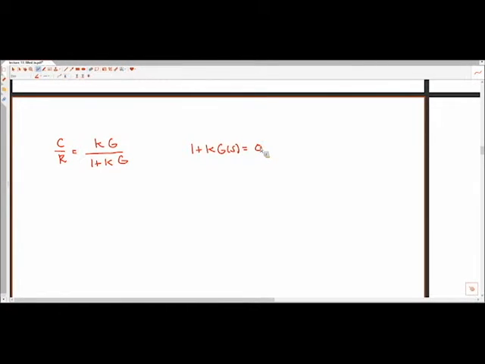Or we can rewrite this equation and say, equivalently, we're looking for the values of s such that g of s is equal to negative 1 over k. Just rearranging this. And so what we're really saying is what are the values of s such that g of s is equal to a negative real number, essentially.